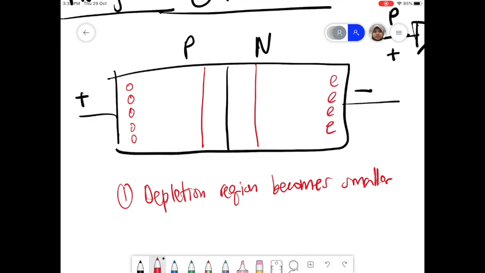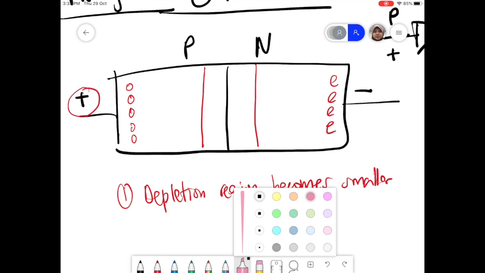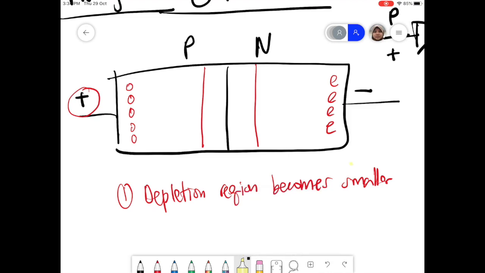Electrons are negatively charged. They would like to go to the positive side, and the holes are positively charged. They will be interested to go to the negative side. So when that happens, the depletion region becomes smaller.